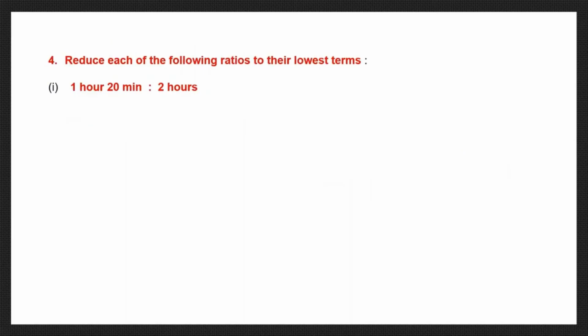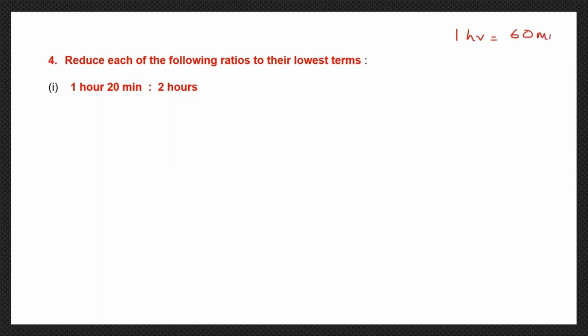Question 4. Reduce each of the following ratios to their lowest term. 1 hour 20 minutes is to 2 hours. Now let's convert all these into minutes. They're all different units, isn't it? So we'll convert them all to the same unit. We'll convert them to minutes. Now we know that in 1 hour we have 60 minutes.